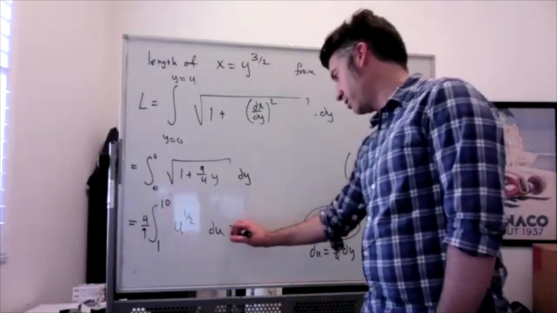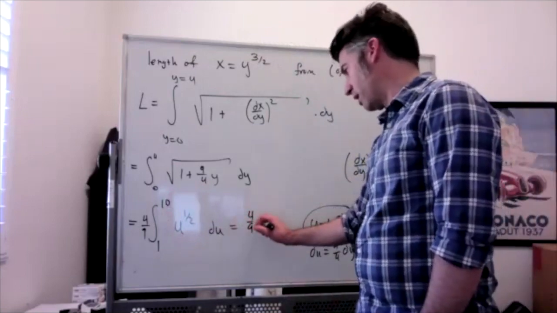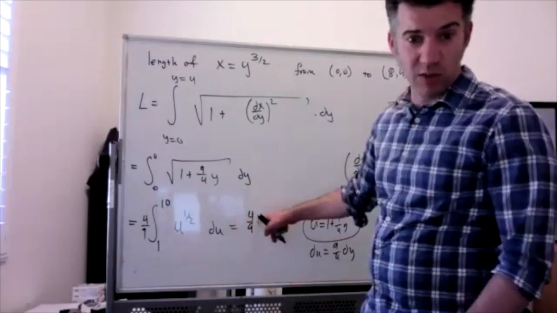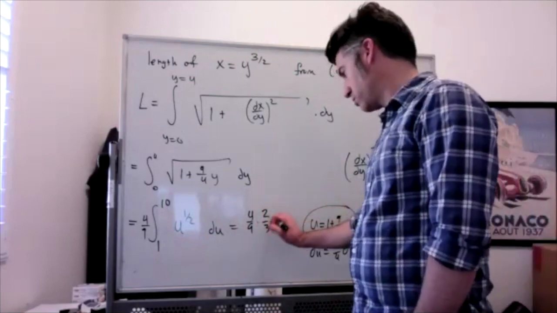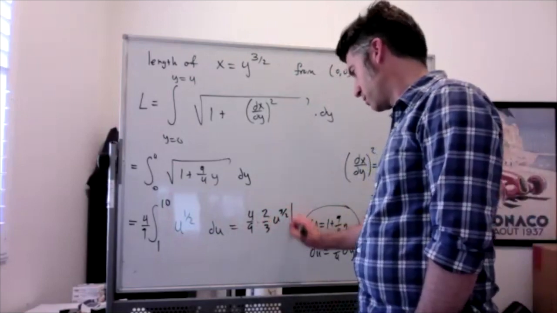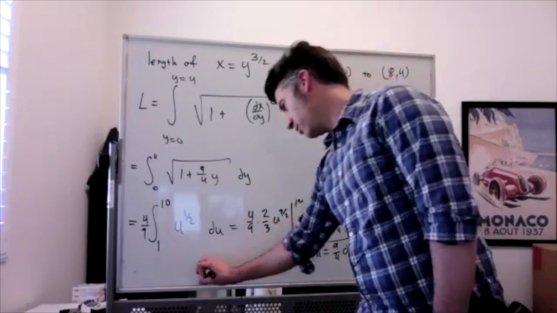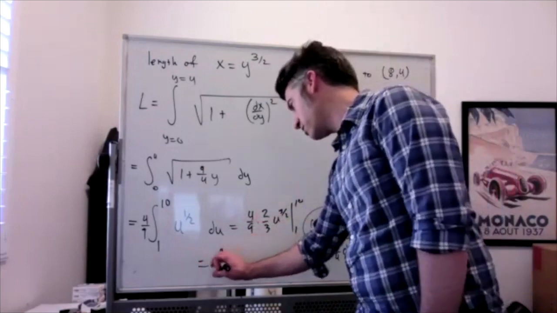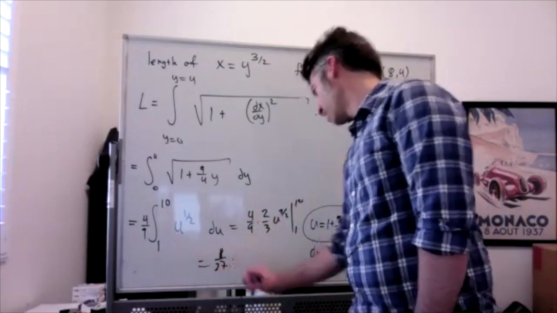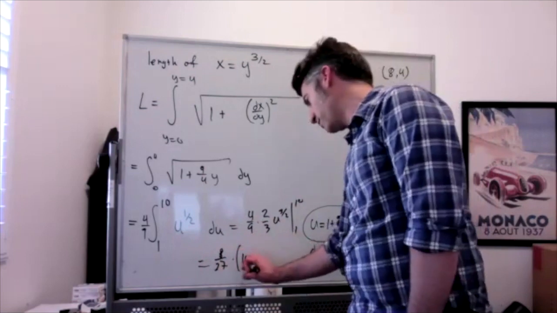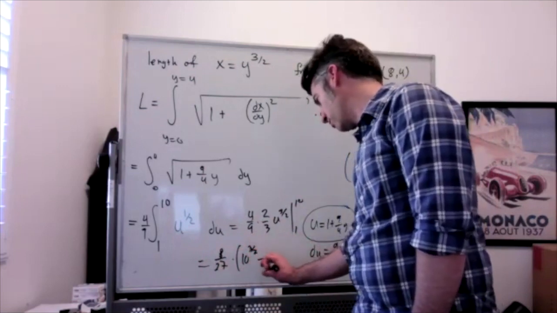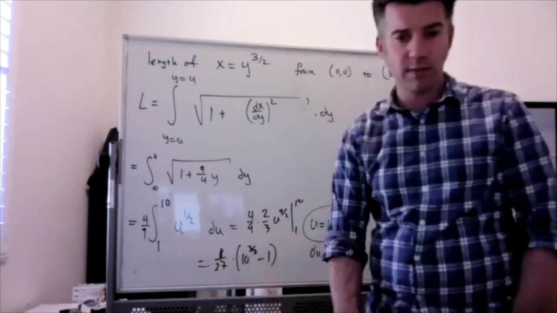Then we integrate: 4/9 times u to the 3/2 times 2/3 from 1 to 10. You end up getting 8/27 times 10 to the 3/2, which is not a nice number, minus 1 to the 3/2, which is just 1. That's your answer.